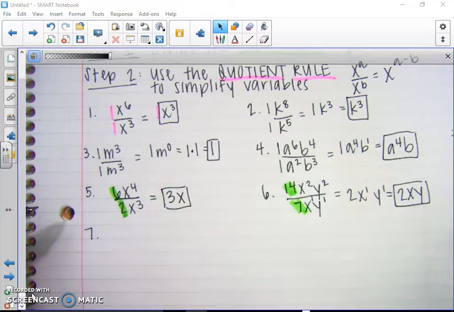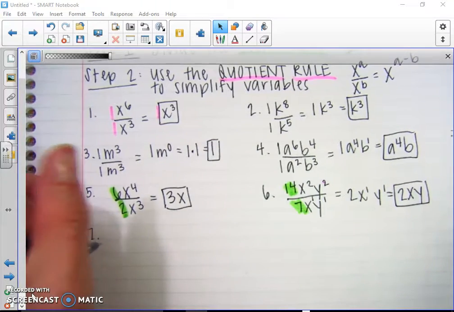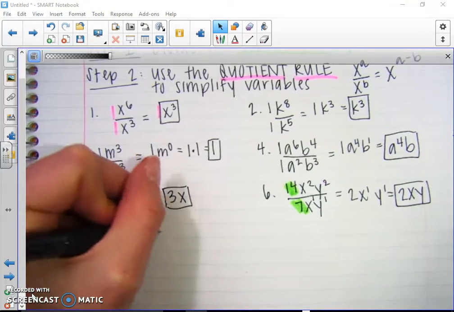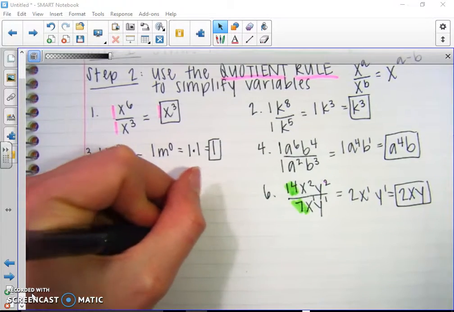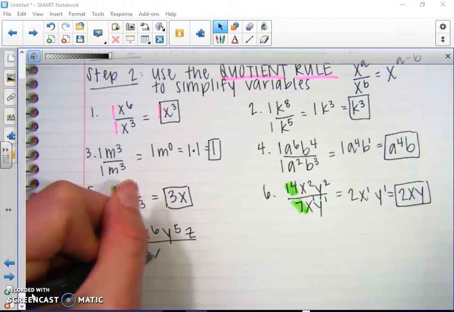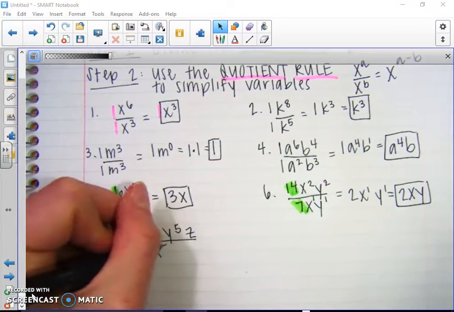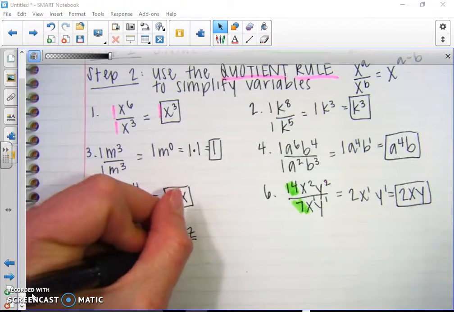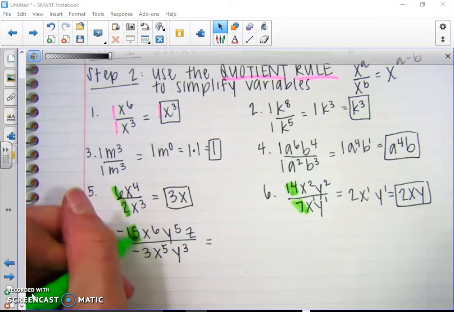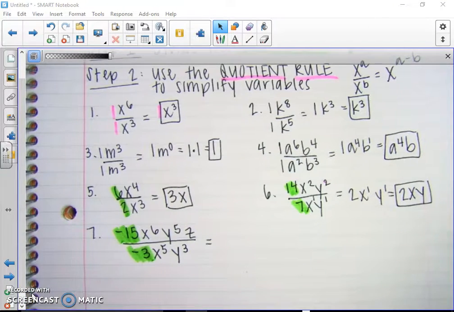All right, let's see. Yeah, we'll do a couple more. We're just going to do this one. So let's do negative 15x to the 6th, y to the 5th, z, over negative 3x to the 5th, y to the 3rd. All right, so check out our coefficients. I've got negative 15 and negative 3.